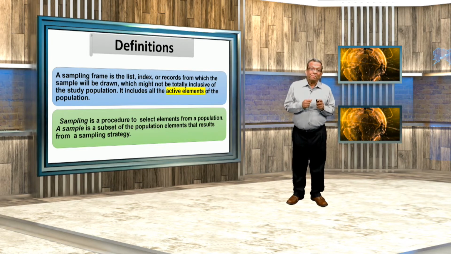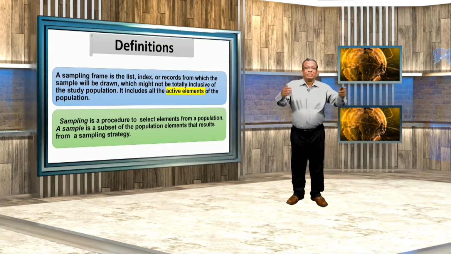For example, if you want to study all the students who are enrolled in MBA, it is not the students who are just enrolled in MBA you should study. In fact, they should actually be studying.